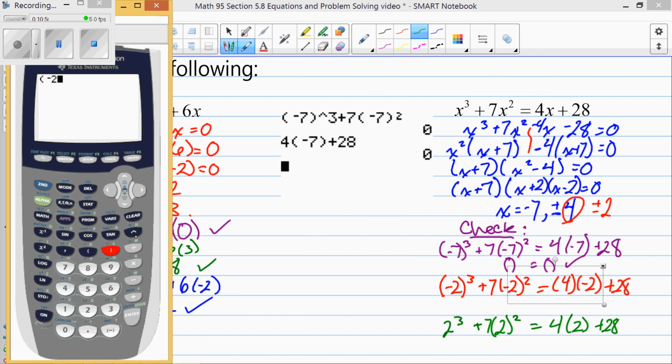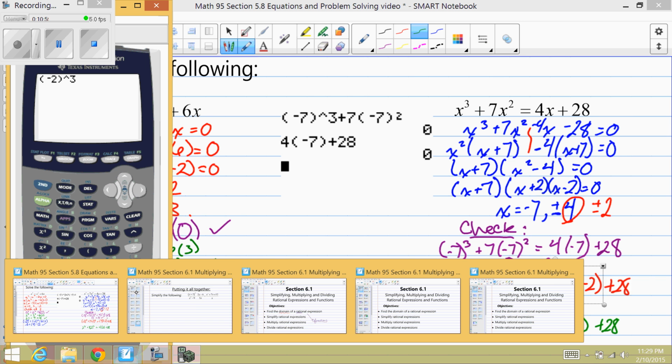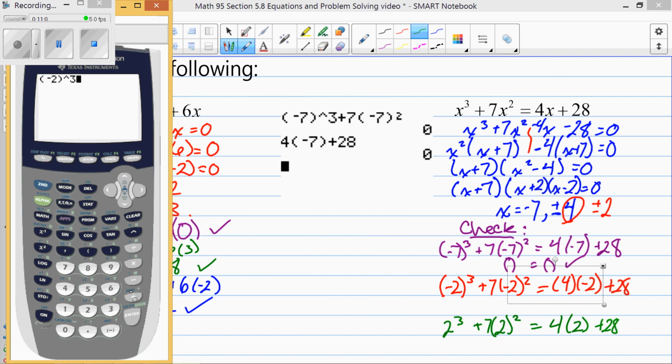Negative 2 to the third power plus 7 times negative 2 to the second power. I get a 20.